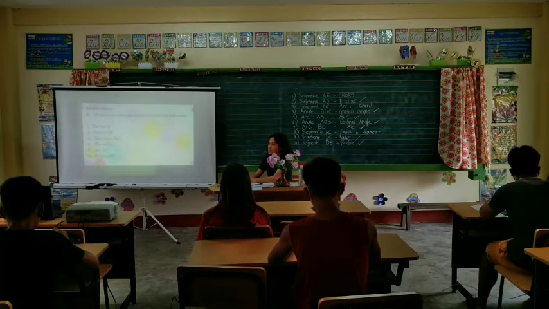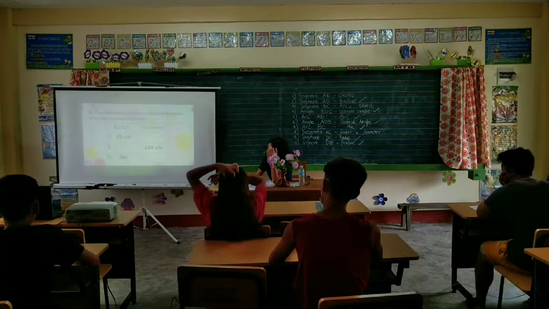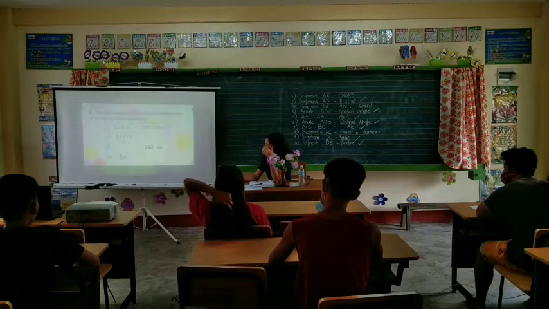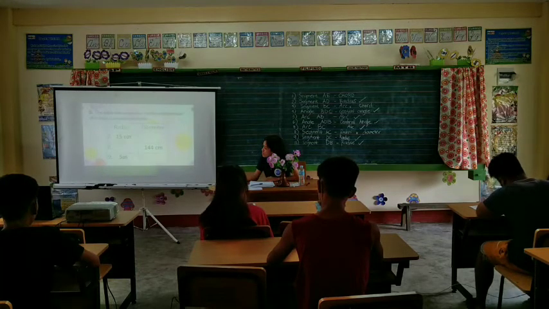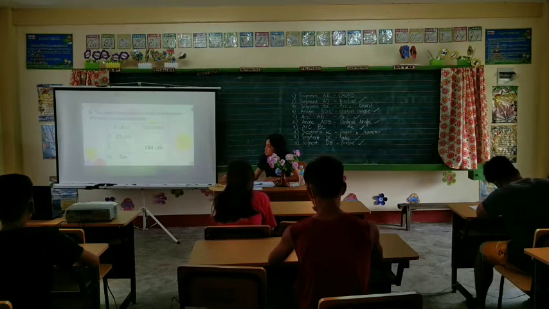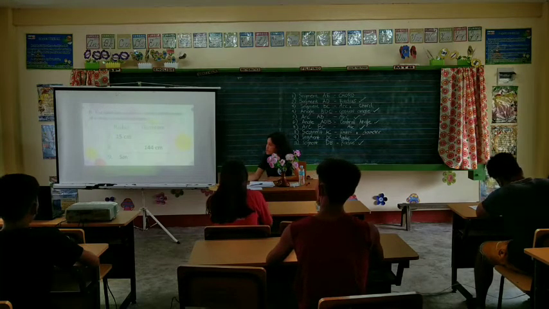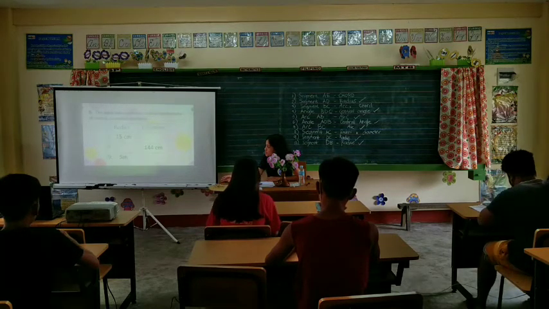Okay. So next slide, we have the table. In this table, you have to copy also the table, and you have to identify. For example, in number 7, the given was the radius, and you have to identify the diameter.